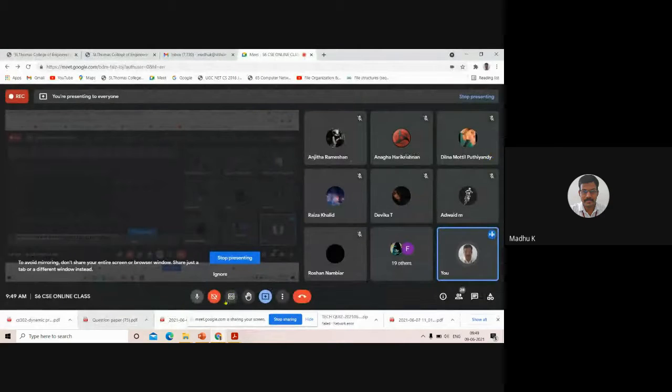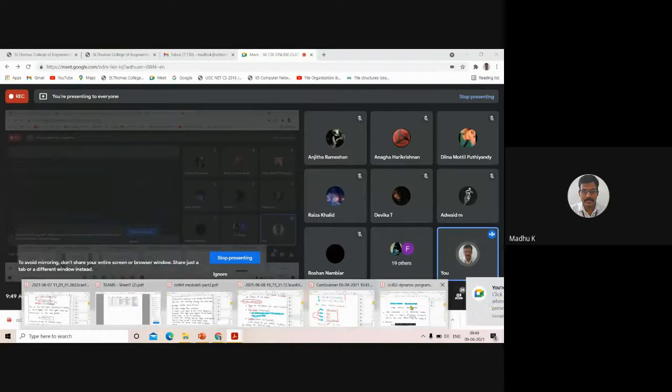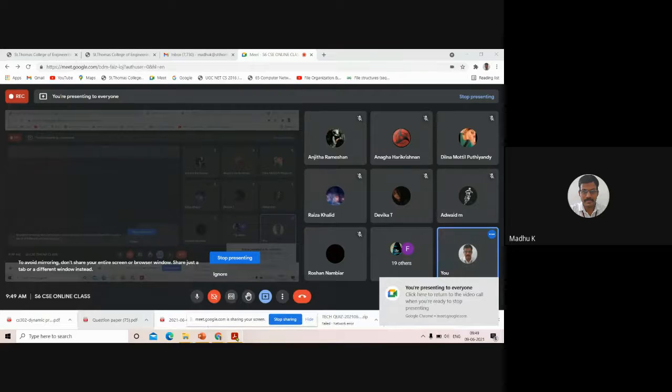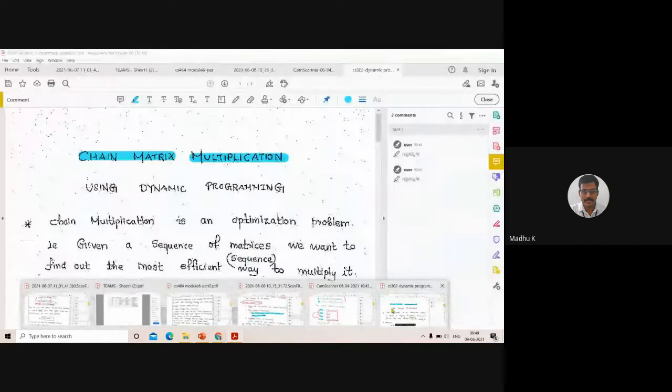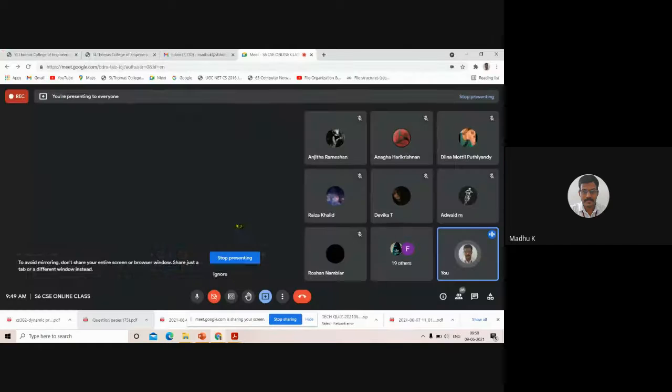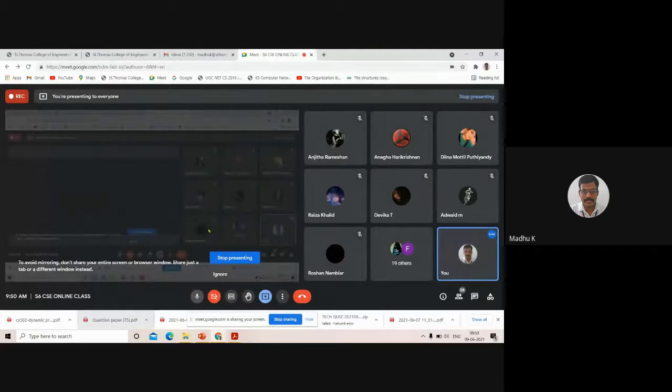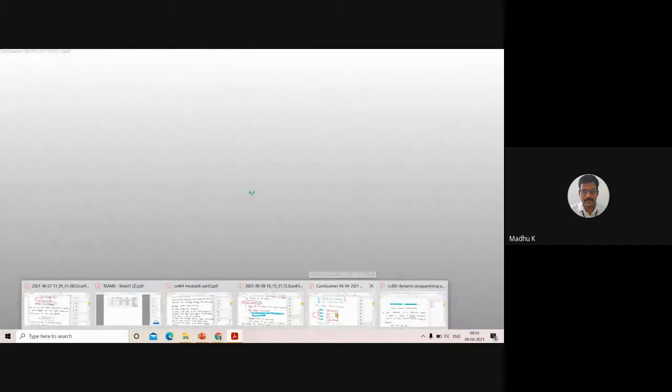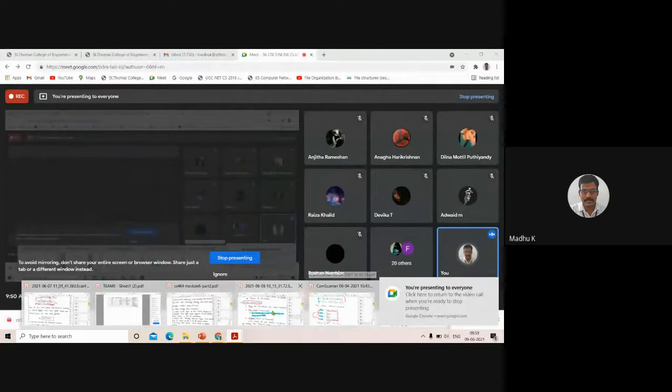So we can go to that concept. Chain matrix multiplication is considered an optimization problem.